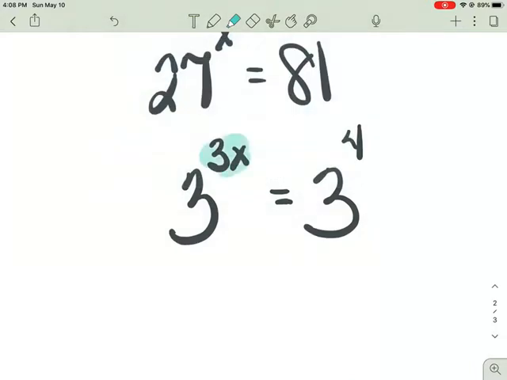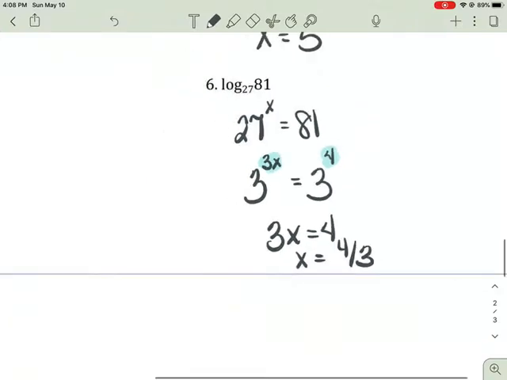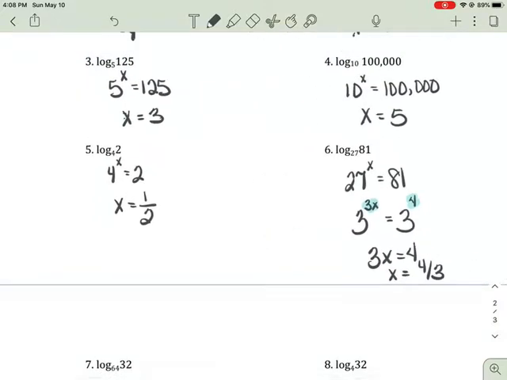Since the bases are the same, we can set these exponents equal to each other. So is the cube root of 27, which is 3, taken to the 4th power, 81? And the answer is yes.